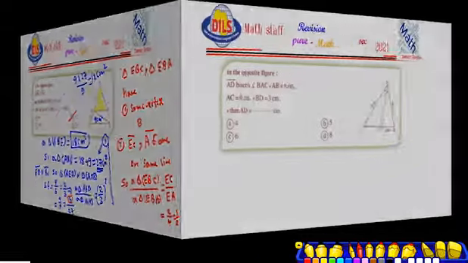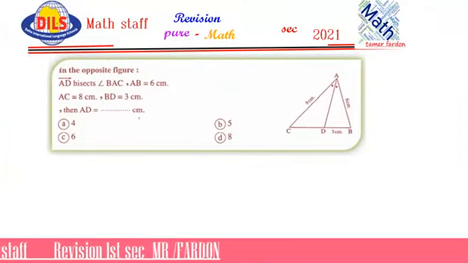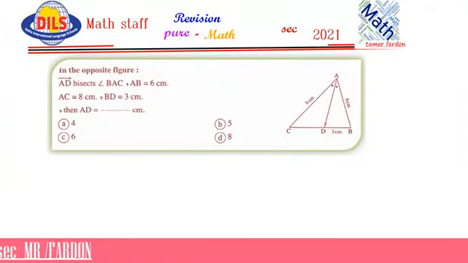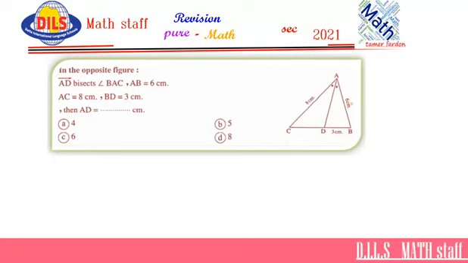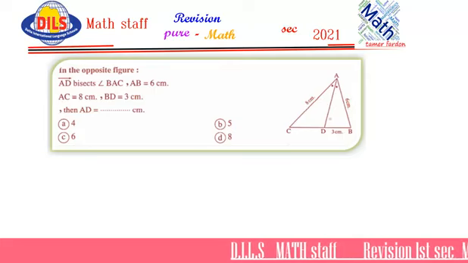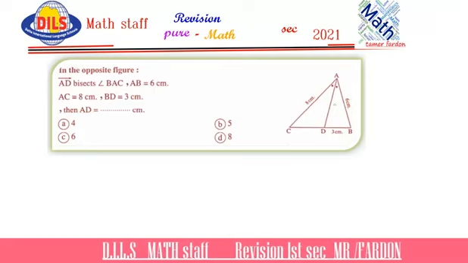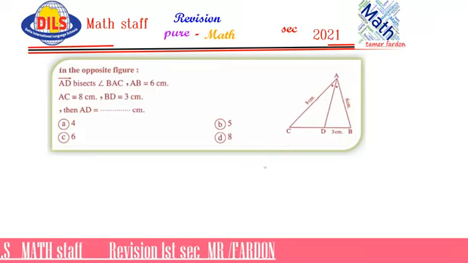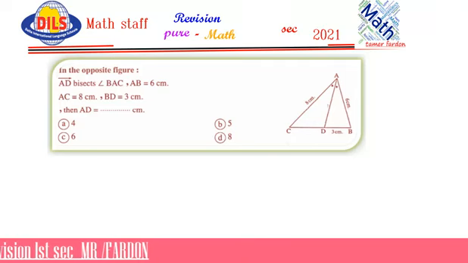The next, AD bisects angle A. AB is 6 centimeter, AC is 8 centimeter, BD is 3 centimeter, then the length of AD. To find the length of AD, we have to find the length of DC.